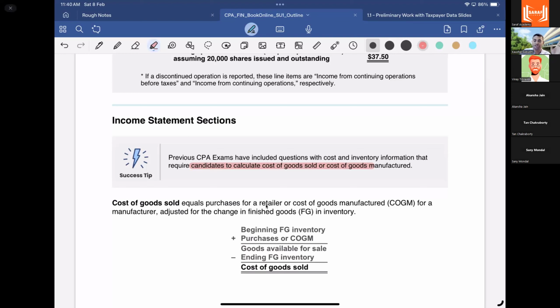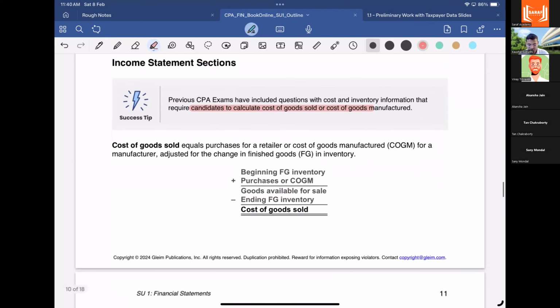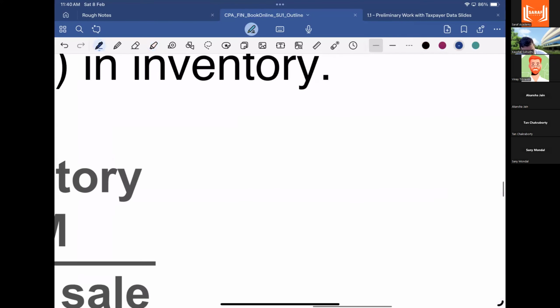So cost of goods sold equals the purchases for a retailer or the cost of goods manufactured for a manufacturer. We'll be getting into this in a moment. First of all, what you have is beginning finished goods inventory. This is what we can call the opening stock.